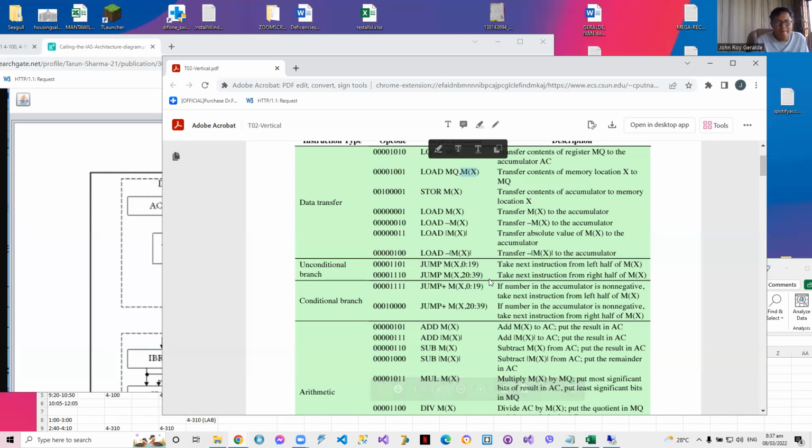Do you follow? Okay. Why is that? Why is there a left and a right? Because 0 to 19 is the left and 20 to 39 is the right. Why? Because there are 40-bit words.